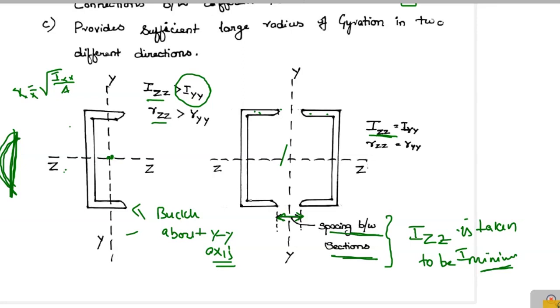So IZZ can be obtained from the steel table or the code book, right? So you can take that value to calculate the spacing that you need to provide between these two sections.